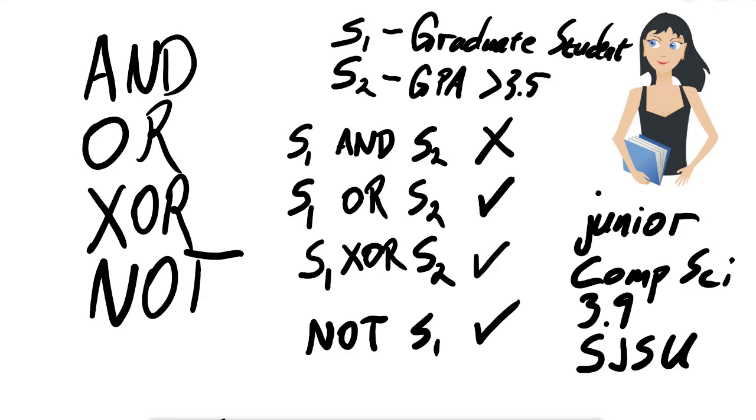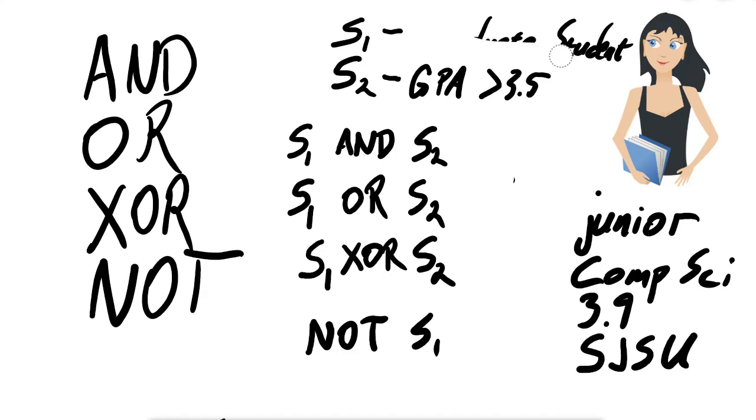So let's change the statements a little bit, the truth values of these statements, just to see how things may change. Okay? So let's say the condition is no longer graduate student.